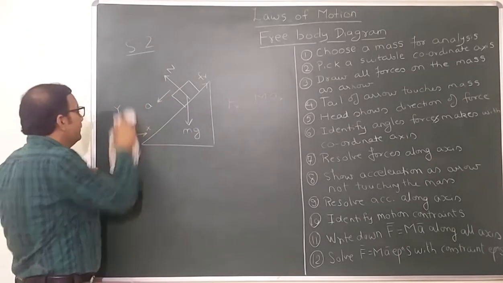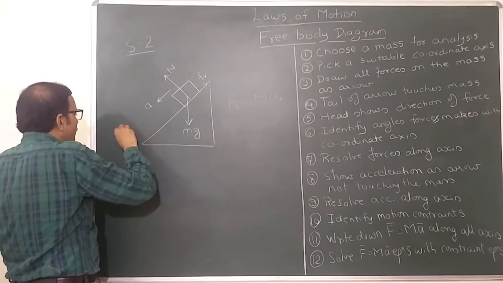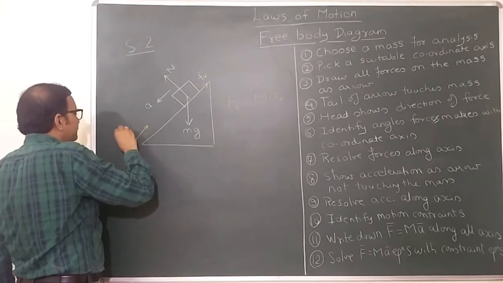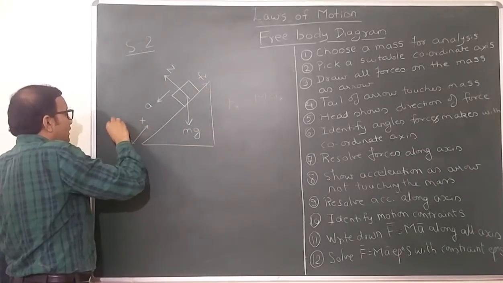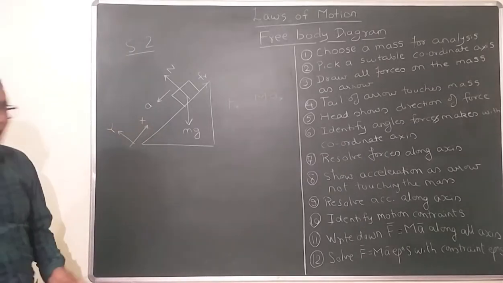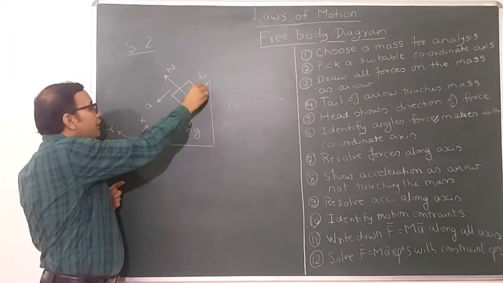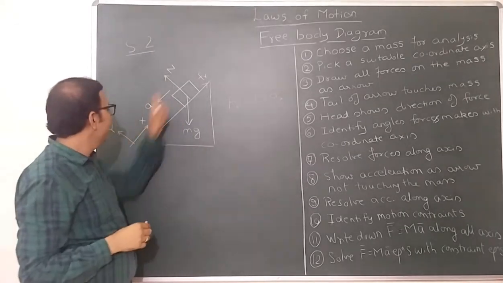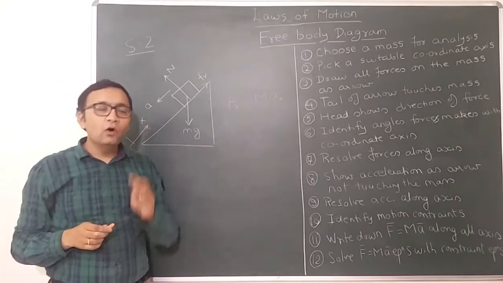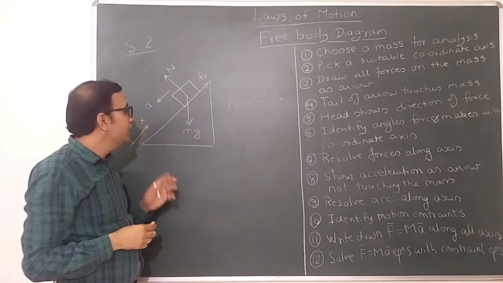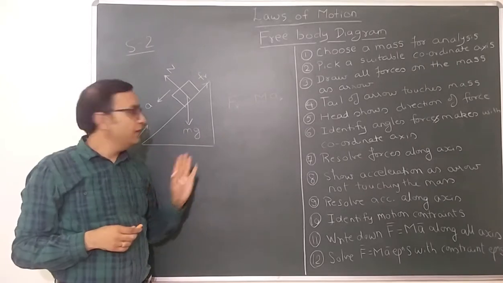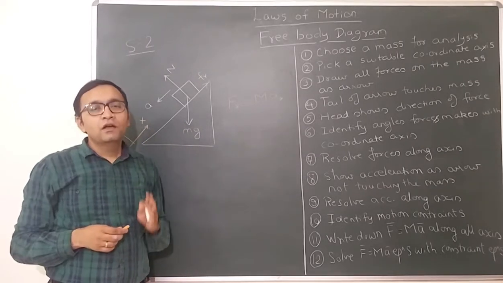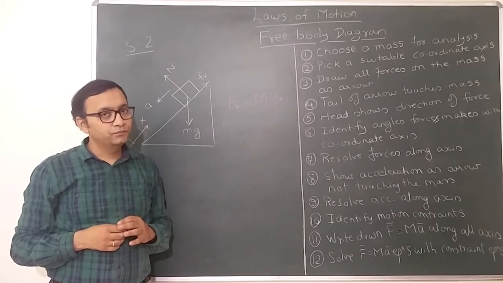For example, if you take your coordinate axis like that, then friction and acceleration are along x-axis, and normal reaction is along y-axis. Now the only force which is not along any axis is mg, and only mg's component you have to take now.